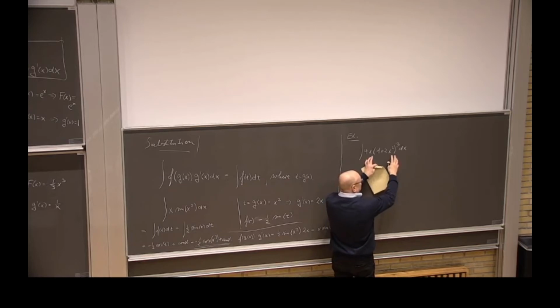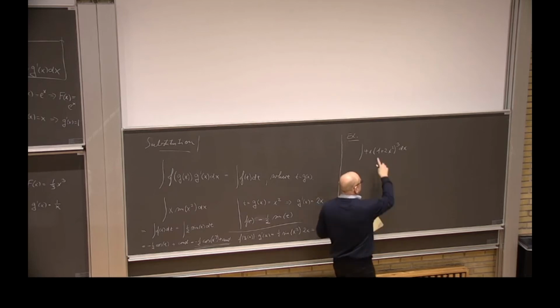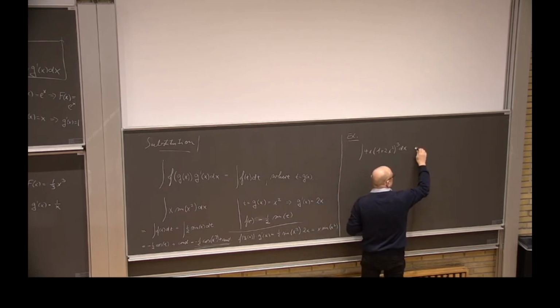In my mind, it's fairly obvious that the inner function is what you have in this parenthesis, and the outer function is this cubic function. So let's try to see if that will work out for us.